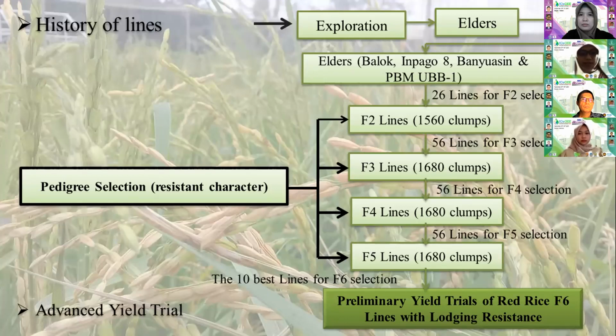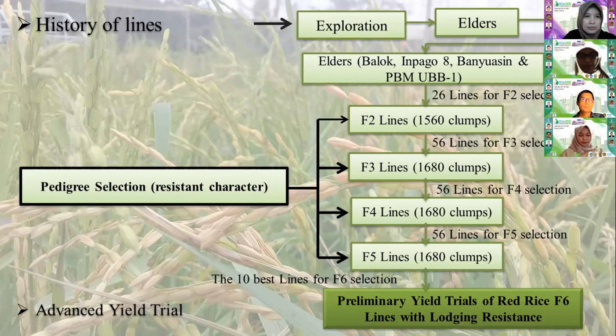Strength of the research from hybridization. Hybridization of local rice with national variety. History of lines: first exploration, then the elders are Batu Rusa, Inpago 8, Banyuasin, and PBM UBB 1. Next, after that, we do hybridization.